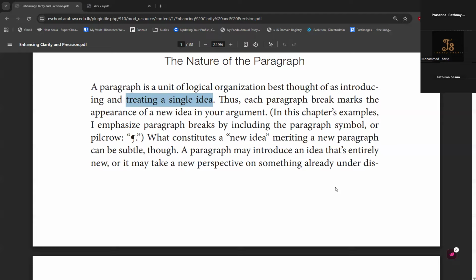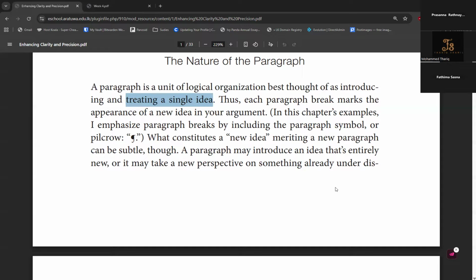Okay, I'm reading with you. Thus, each paragraph break marks the appearance of a new idea in your argument. In this chapter's examples, I emphasize paragraph breaks, but don't worry about it. What constitutes a new idea meriting a new paragraph can be subtle though.